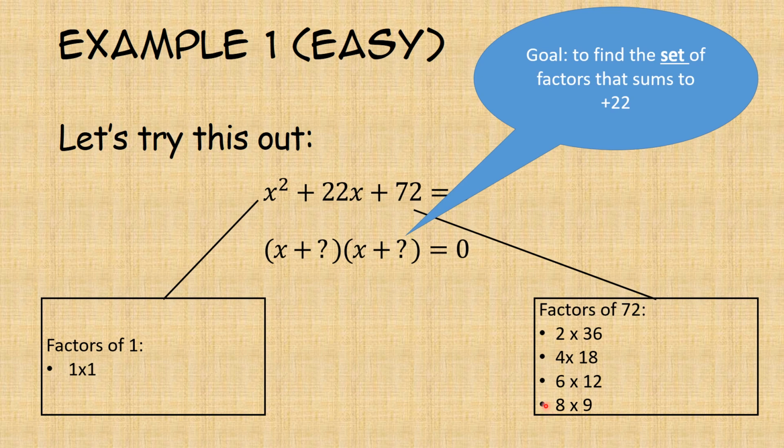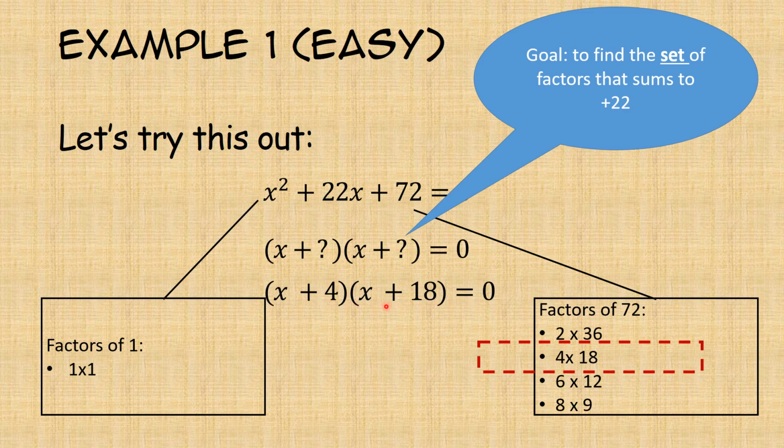So then we just want to find the set of these factors which sum to 22. And we don't really have to bother about the left hand side because both of these factors are equal to 1. So we can just look at the right hand side and find the group that sums to 22, and that's the one circled over there. 4 plus 18 will equal 22, and that is our solution.